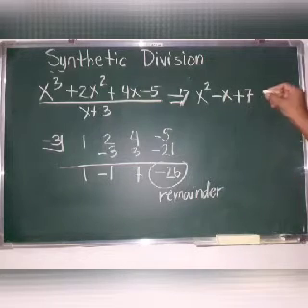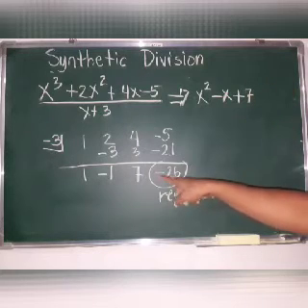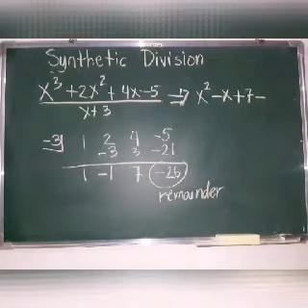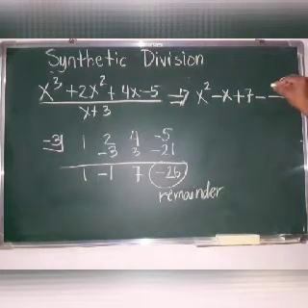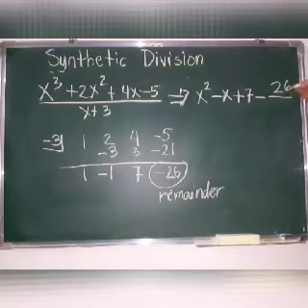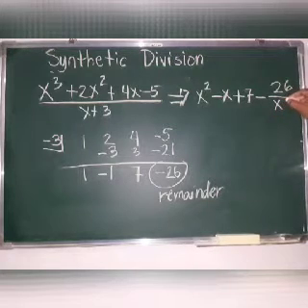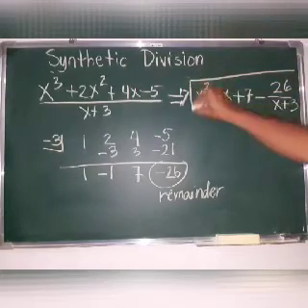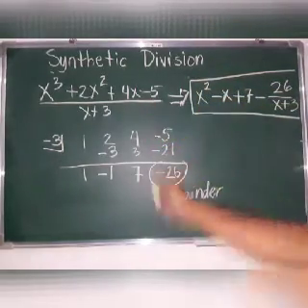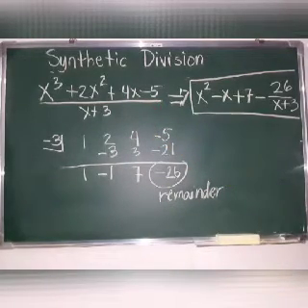To write a remainder, whatever the sign is, yun ang ilalagay natin. So, since this is minus, then, lagay natin ang minus sign. Put a line. Copy 26 as a numerator. And our denominator is the divisor. X plus 3. So, this is our answer for x cubed plus 2x squared plus 4x minus 5 all over x plus 3. Okay, so madali lang, di ba? Bibigyan ko ba kayo ng iba pang halimbawa?